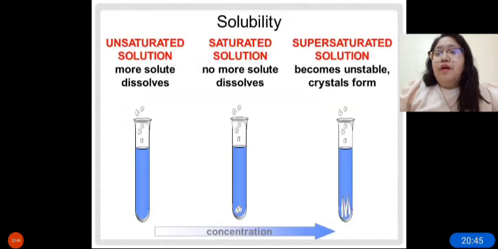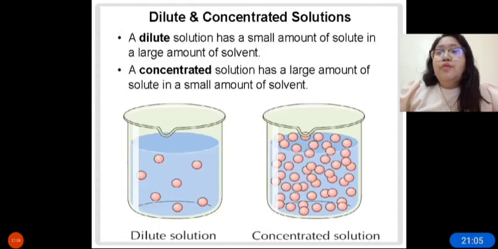Now, in terms of concentration, an unsaturated solution is not so concentrated compared to a saturated solution, because a saturated solution is more concentrated than an unsaturated solution. A supersaturated solution is more concentrated than a saturated solution.